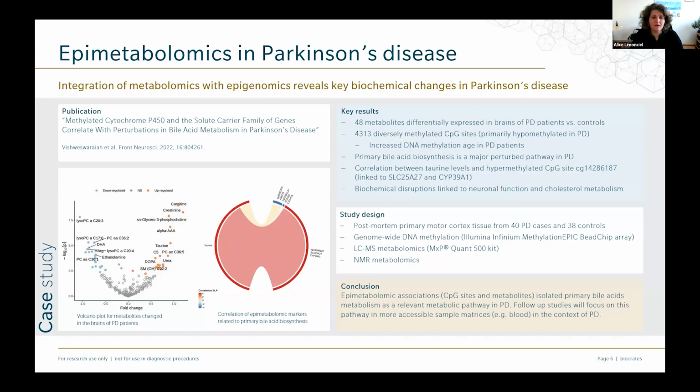So what we have here are metabolomics and epigenomics from post-mortem brain tissue from Parkinson's disease patients compared to control patients who didn't have Parkinson's disease. And when you look at the volcano plot on the left, this is the metabolomic data. We see there are a number of metabolites that are higher or lower in the brains of Parkinson's disease patients.